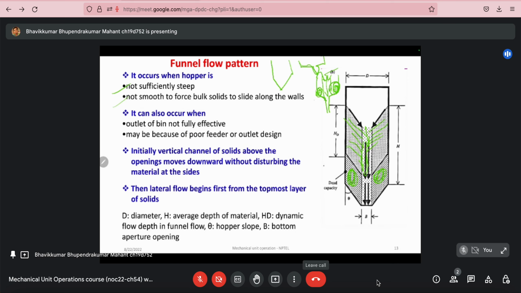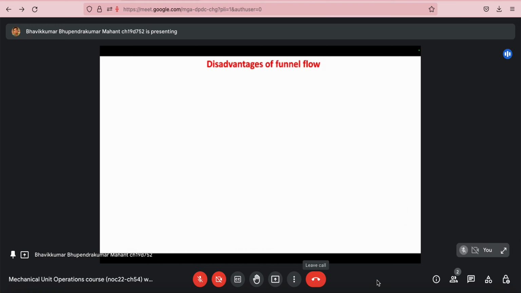And for designing equipment which uses the funnel flow pattern, we need to always consider the diameter, average height, depth of the material, the dynamic flow depth in funnel flow, theta and bottom aperture opening. All are the same things, but here the configuration is totally different and the flow pattern is totally different than the mass flow. Now, what are the disadvantages?